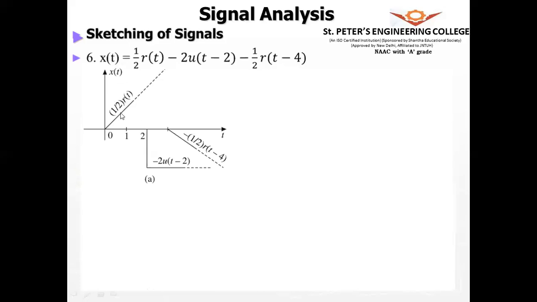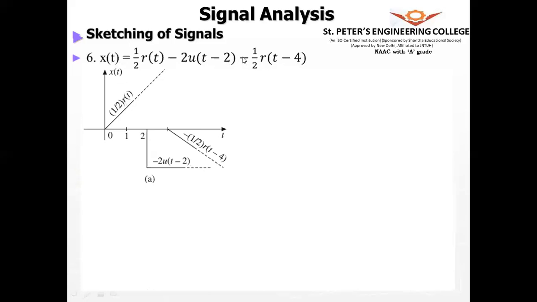So this is r of t with a slope of half, and u of t minus 2 will start at t equals plus 2 and it has an amplitude of minus 2. Therefore, it will be negative, so this will be minus 2 into u of t minus 2.